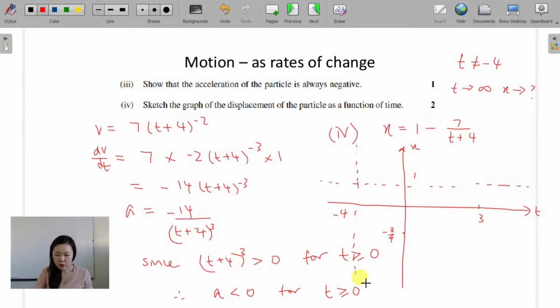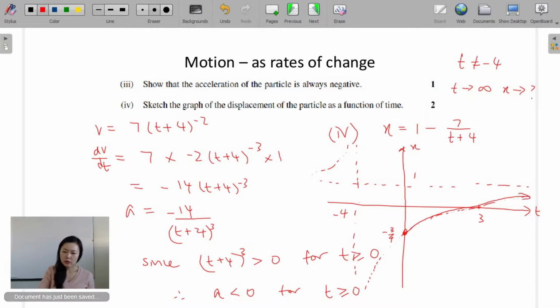So if I was to draw this entire branch, it will kind of look like that, right? It's a hyperbola. There would be another branch up here, which I won't talk about, but we're only drawing for t is greater than or equal to 0. All right, so that's the function. So just kind of chopped off a hyperbola and draw the bit you need. And that's all it is.